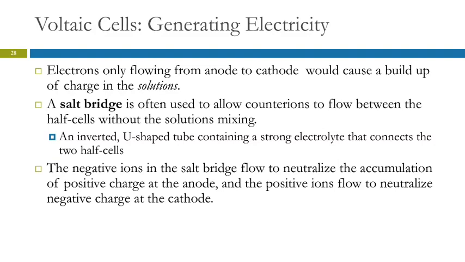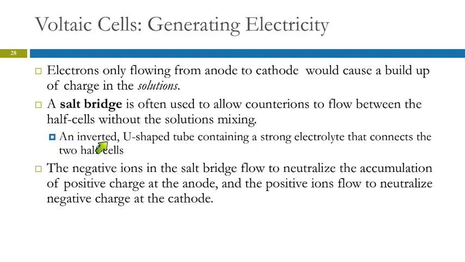And so that's not going to work very well. So we need to allow those ions to move as well. And what's often done is we use a salt bridge. So this is a bridge between the two solutions that allows ions to move without letting the solutions just mix. Because if we let the solutions mix, then we can't get the electricity. The reaction will occur just fine, but we can't get anything useful out of it.